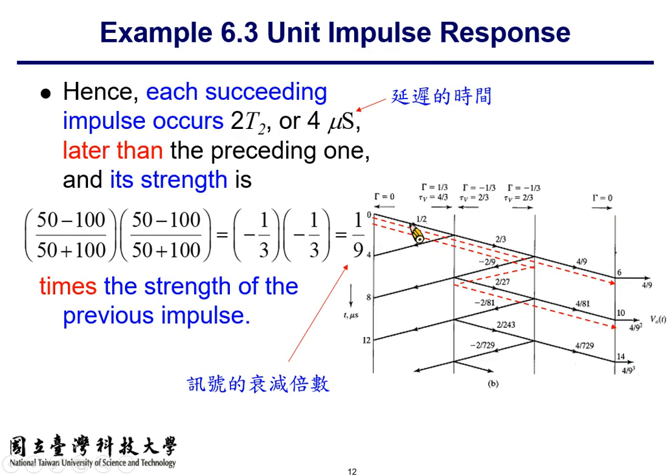And if you keep an eye on the signals on the bouncing diagram, you will find that each follow-up impulse reaches the right-hand side with a 4 microsecond time delay, and the signal magnitude is reduced by 1/9, which is due to the reflection coefficient on the boundaries of section 2.